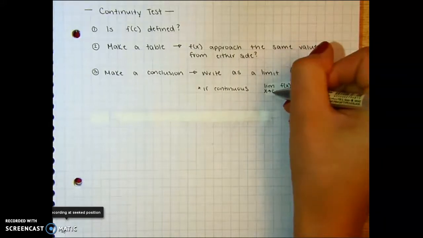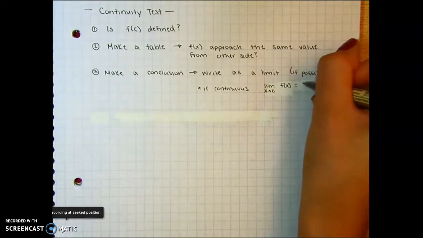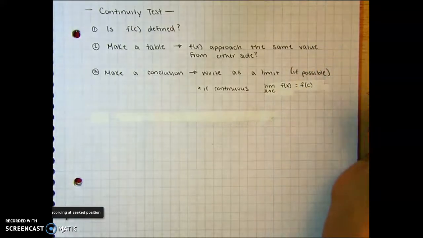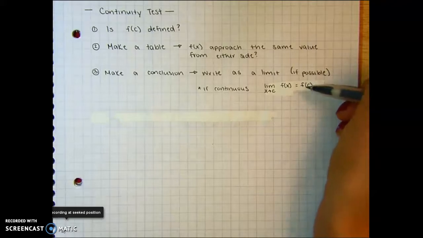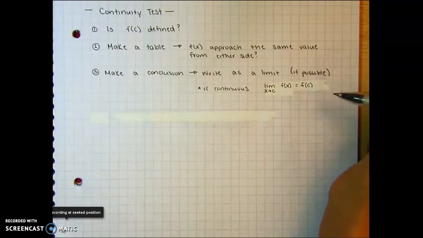So as x is approaching some number of our function, the y values are going to exactly what f of c equaled in the first place. So if it's continuous, it's going to go exactly to that spot. If it's not continuous, it's going to some number or not, but we'll talk about that.